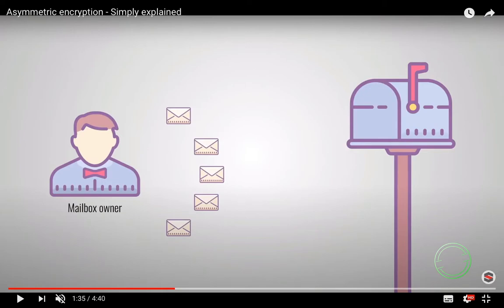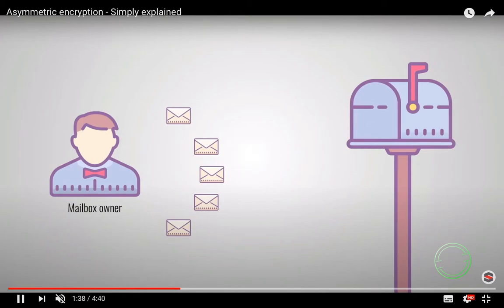So it is safe, as everybody knows the public location of the mailbox and can send mail to it, and only the owner has the key of the mailbox and can get the messages from it. So it is safe here.